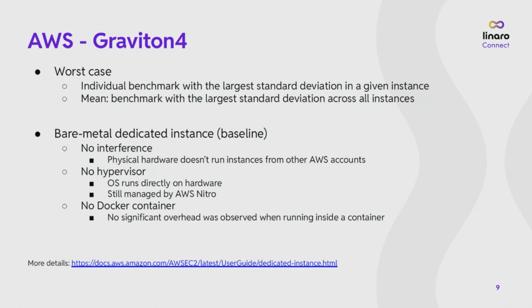It also runs directly on the hardware, so there's no hypervisor, which avoids the virtualization overhead. And for this particular test, it was also run outside a Docker container to also avoid any potential overheads from Docker.